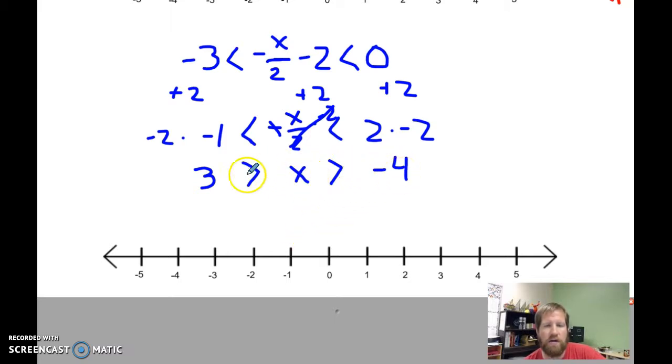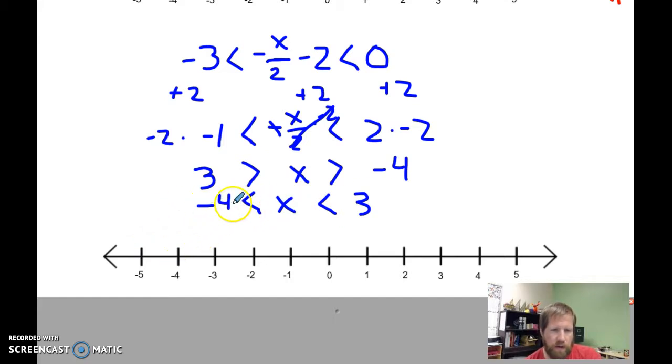And I can either switch that around. Generally, we look at compound inequalities like this, and we keep the smallest values on the left, or I can just graph it out how it is. So if I was going to turn it around, I would just move everything to the other side and flip my inequalities again.